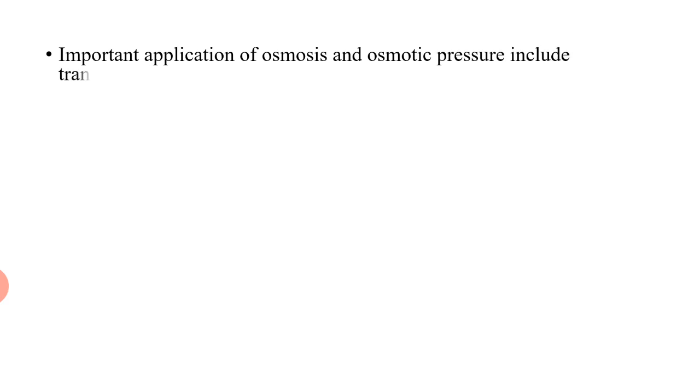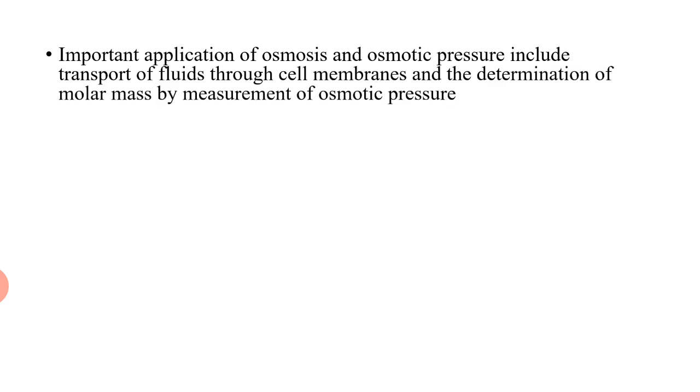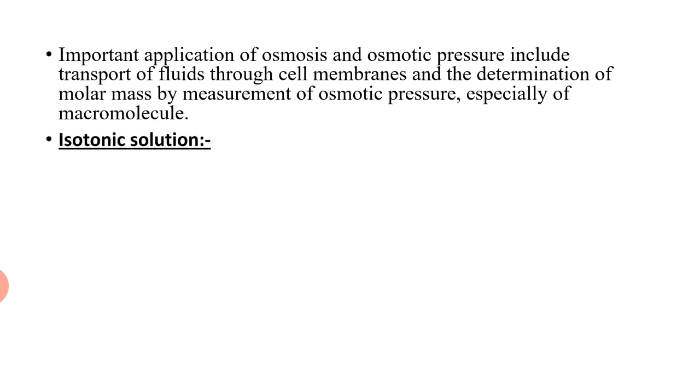Let us see the next. Important applications of osmosis and osmotic pressure include transport of fluid through cell membranes and the determination of molar mass by measurement of osmotic pressure, especially of macromolecules. Now, the isotonic solution.